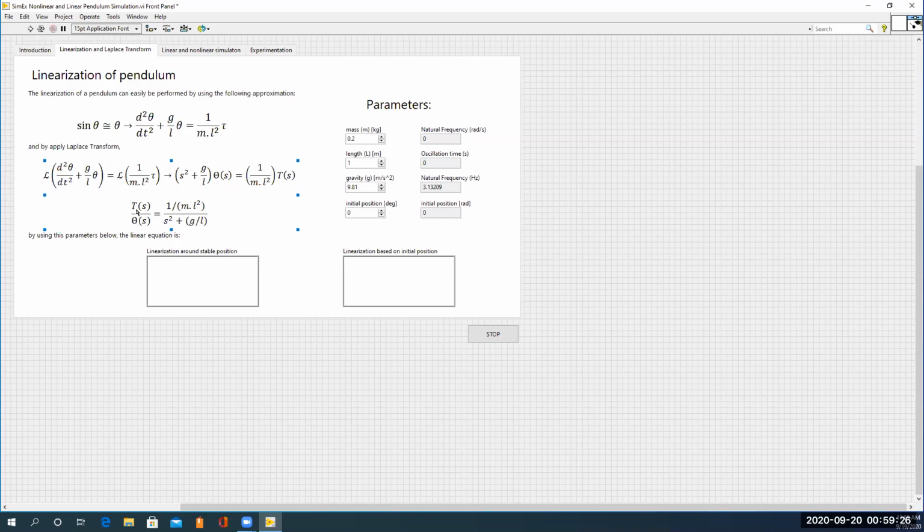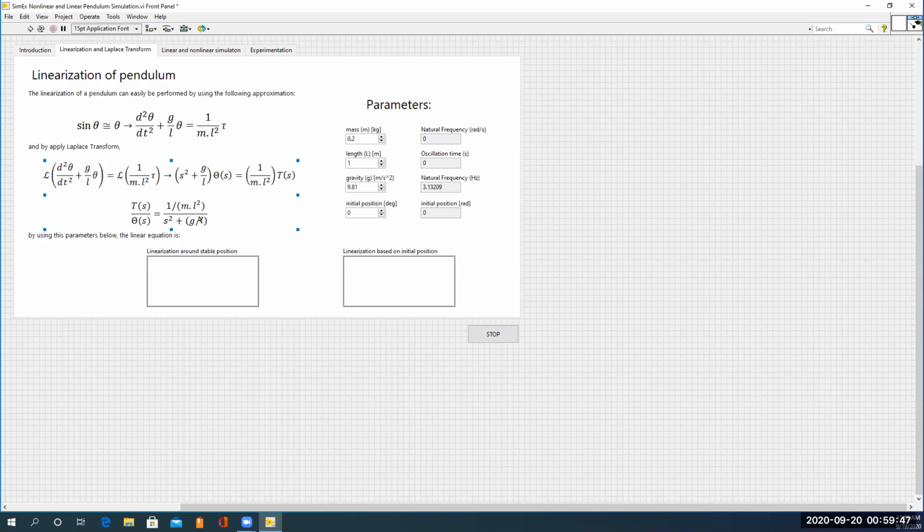Here it is a typo. Theta(s) should be in the numerator, and T(s) is the denominator. It is output over input, because theta(s) is the output and T(s) is the input.